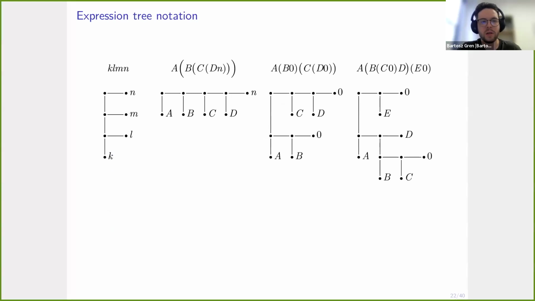Therefore, I found it useful to represent these tangles using expression tree notation. So as I said, we can continuously divide each tangle into two subtangles. Each tree has a top node in its left top corner, and it can be divided into its right part and left part, which are just factors of multiplication.